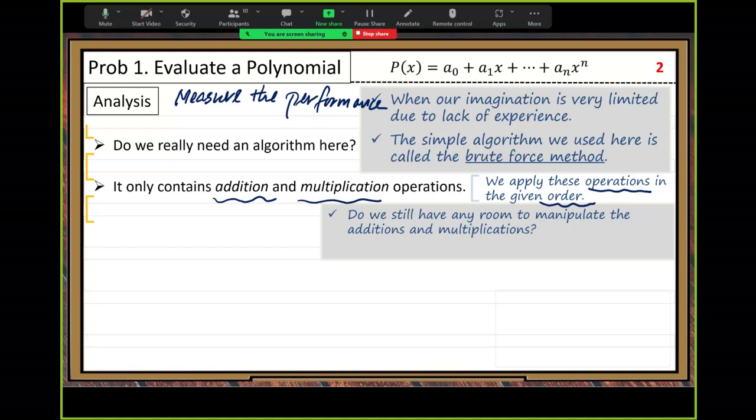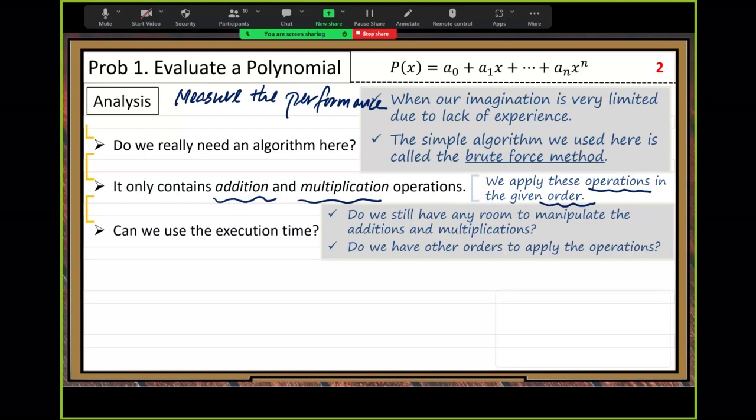We want to change that. Okay? So that's the direction we want to go. How to change? At this point, we don't know how to change. So do we have other orders to apply the operations? We do not know at this point. So that's the next problem we want to solve.